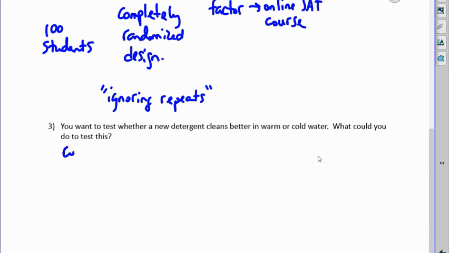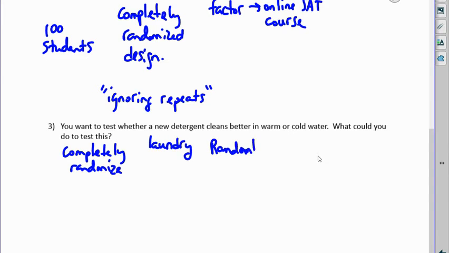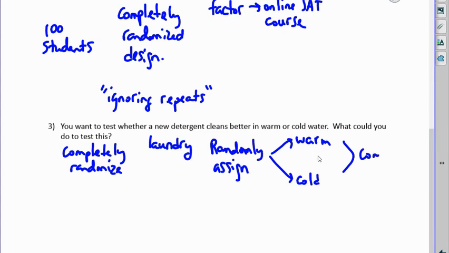You could use completely randomized, where you basically take your laundry and use random assignment to warm or cold. And then you could compare this. That would be a completely randomized design.